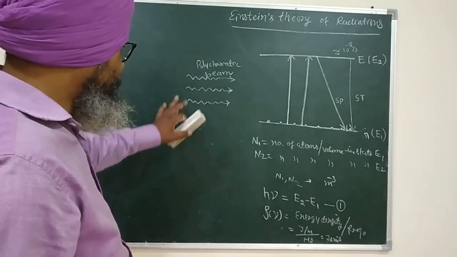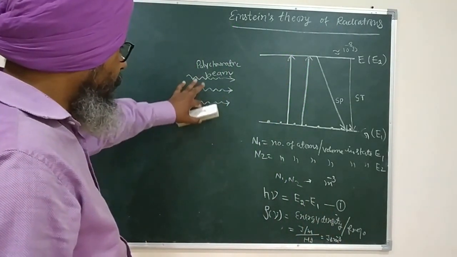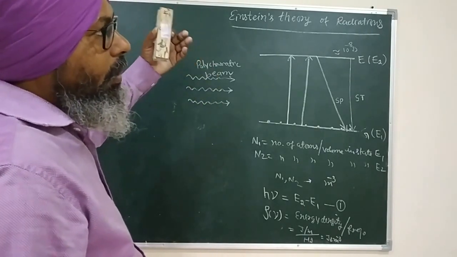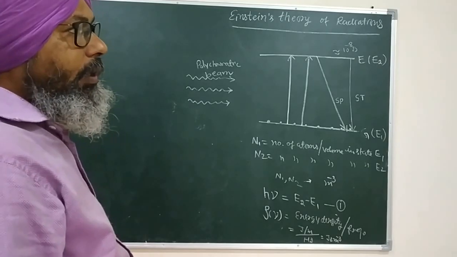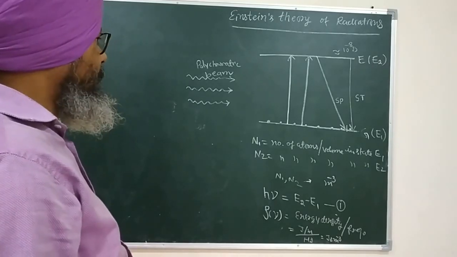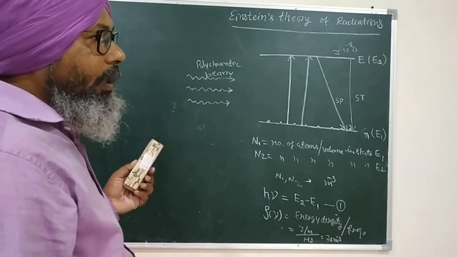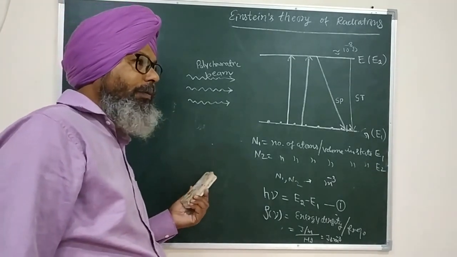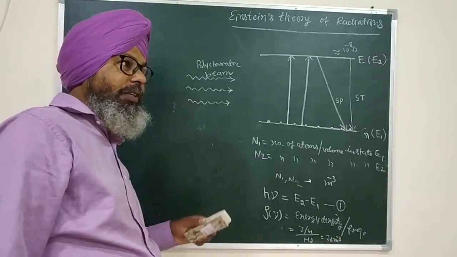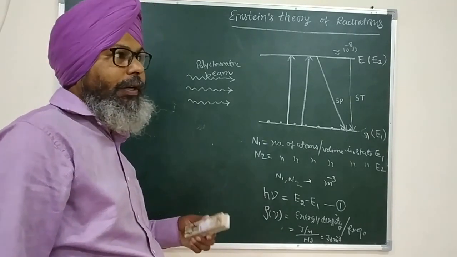So it means in this beam, let us say there are 100 photons and 10 different frequencies, then it does not mean that all frequencies have an equal number of photons. You cannot say there will be 10 photons of frequency nu 1, 10 of nu 2, 10 of nu 3.